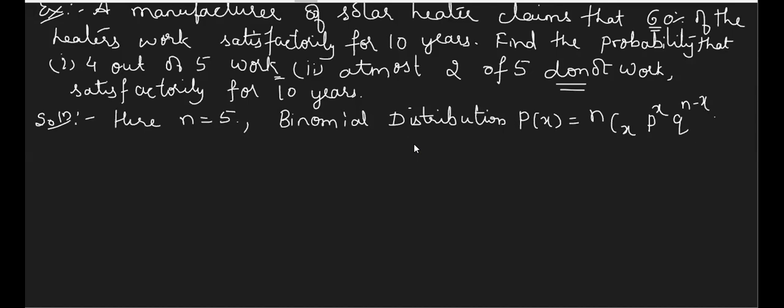Now here p and q I cannot substitute at once at this stage. At the most you can substitute for n, that's all. Again, x will be a value between 0 to 5 in this case. Now, just see the first condition. Here we want that exactly 4 out of 5 heaters should work satisfactorily.